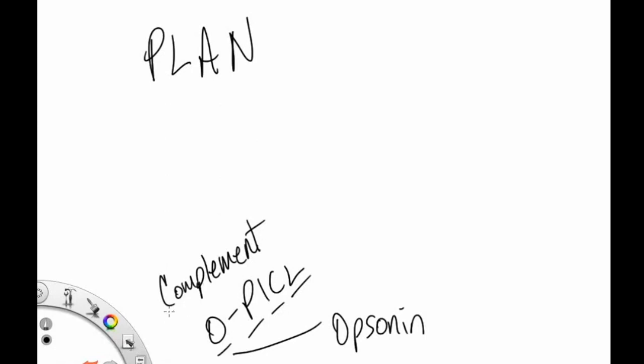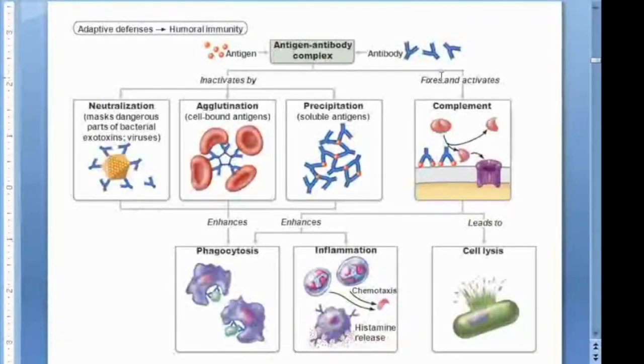Okay, why am I talking about complement now? Because one of the ways that antibodies work is, there's a binding site on an antibody for complement. And the fancy word they use is complement fixation. Or they say that the antibody fixes complement. It means binds to it. Watch, I'm going to show you right here.